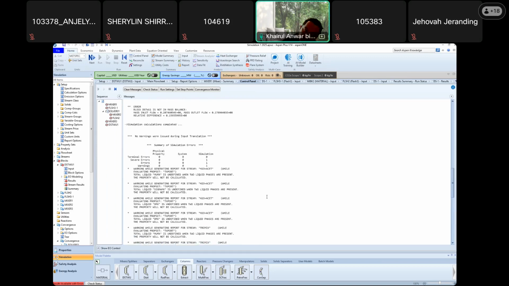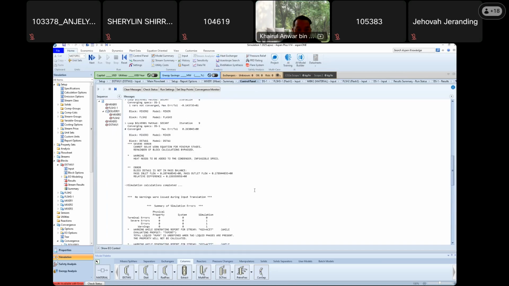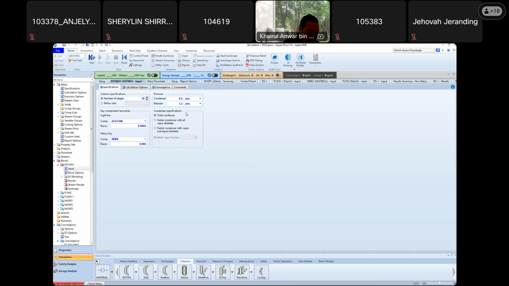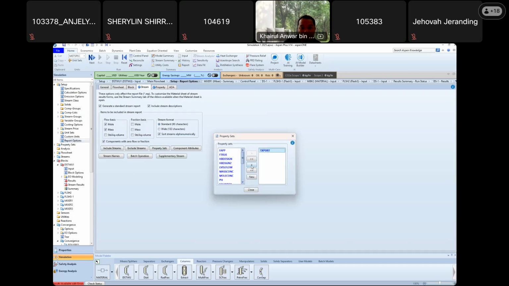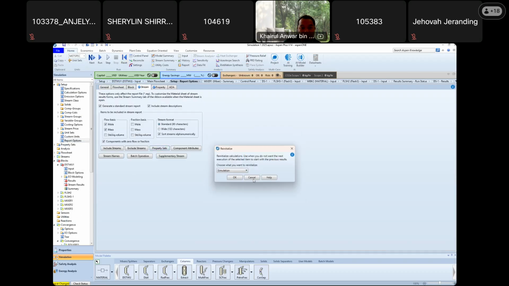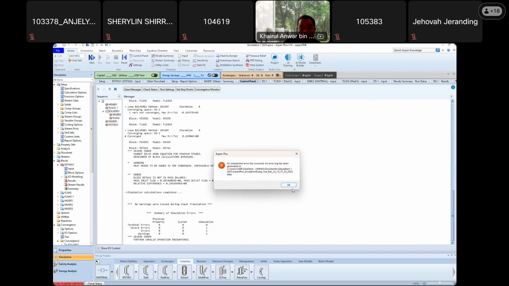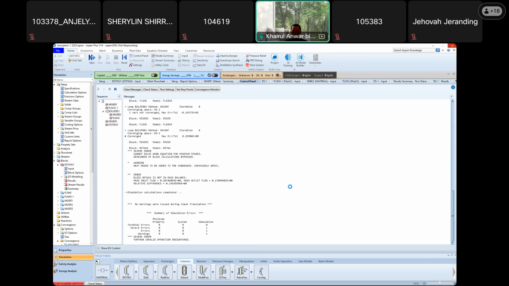Oh, okay. There is a small problem. It needs to be added to the condenser. There is an issue with ASPEN.